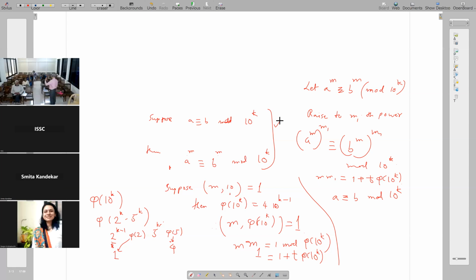So you arrive at a number which is odd and not divisible by 5. At least we can assume that A and B are odd numbers and not multiples of 5. And then you get A congruent to B mod 10 raised to K.